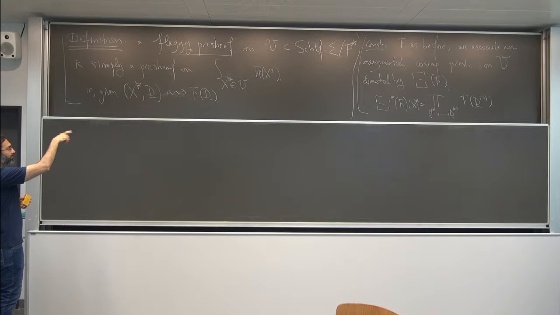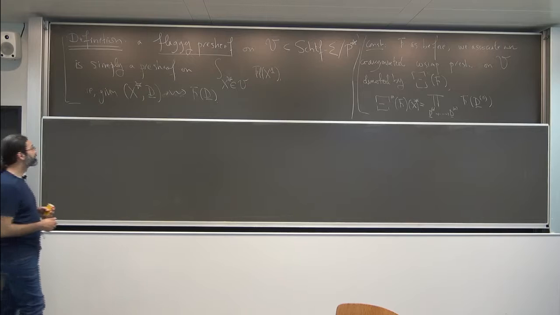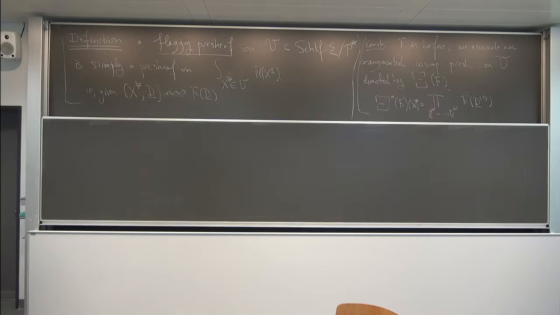Even if I write it like this, F of D, it depends on X star, and in particular on X0 with its stratification. The flag D determines the flag on X0, but still X0 matters, and we will see examples where the value of F really depends on X0 also.